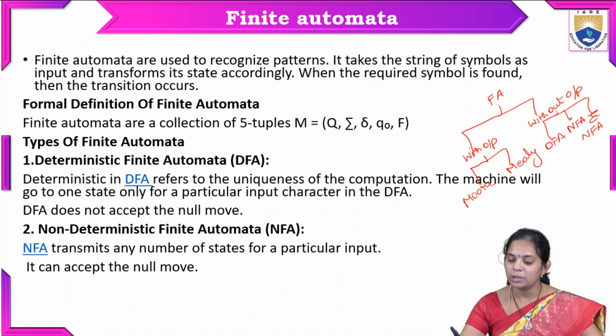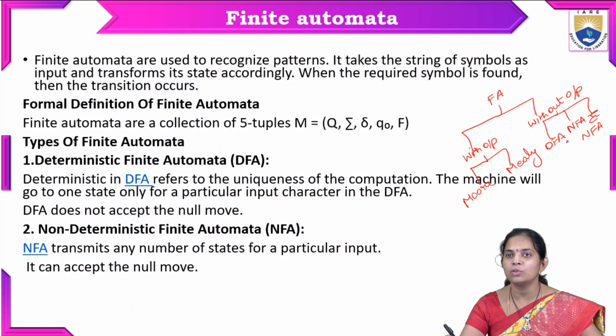So initially, for any finite automata we need to give one input string. Based on the input value and transitions, we can construct the finite automata and reach a state when the required symbol is found. Whatever pattern we are searching for, when we find that string, the transition is a successful transition. So this is about finite automata.